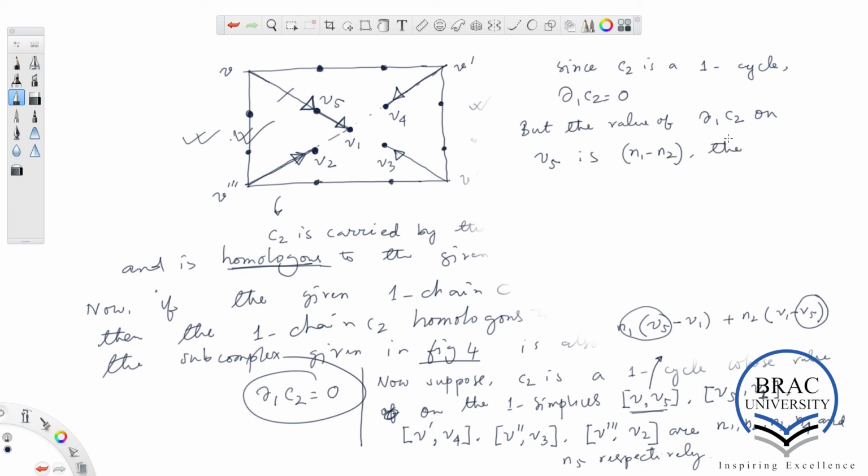The value of del 1 c2 on the vertex v1, see that here is n2. The value of del 1 c2 on the vertex v1, okay, I think I have to count this one also. So this is n2 minus n1, right?